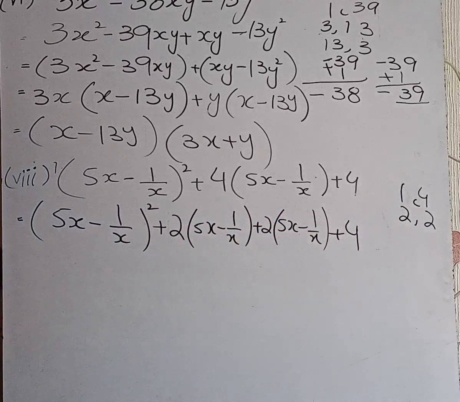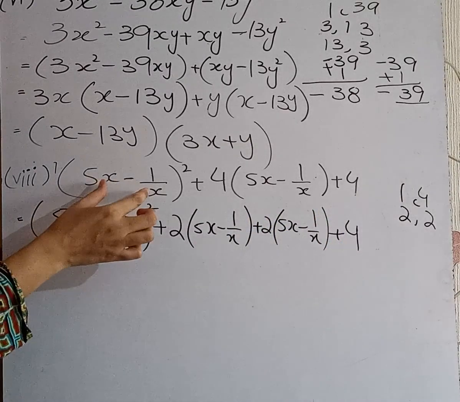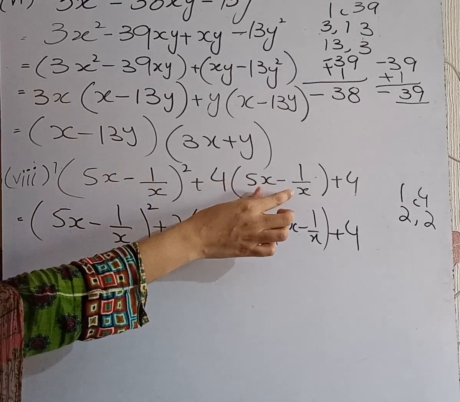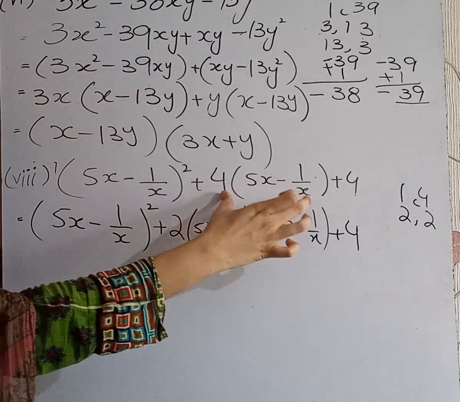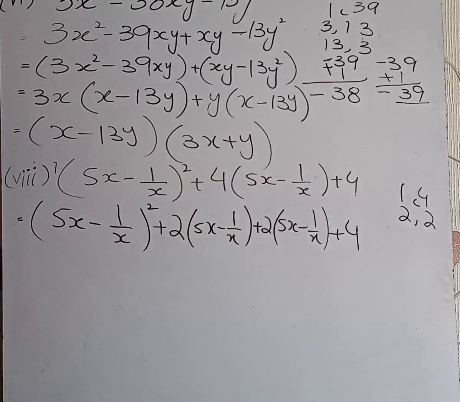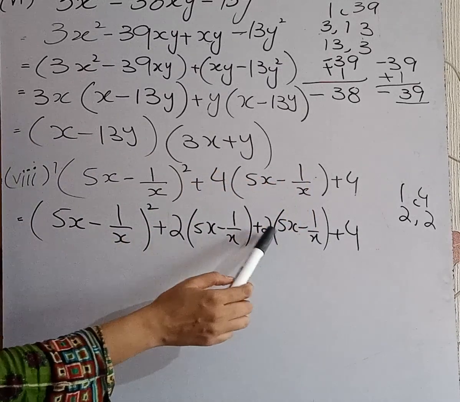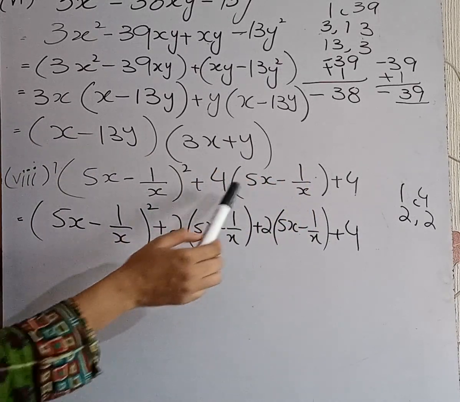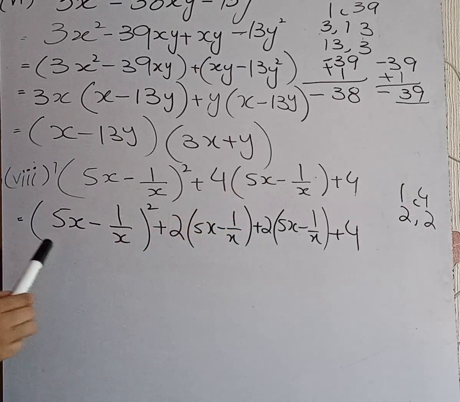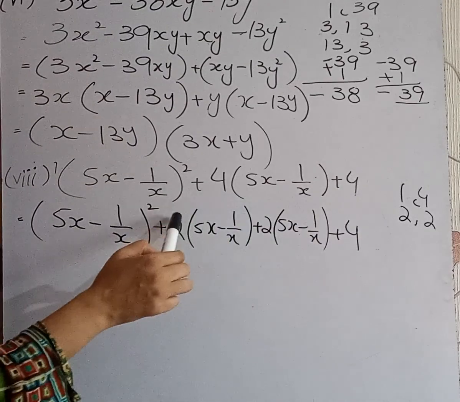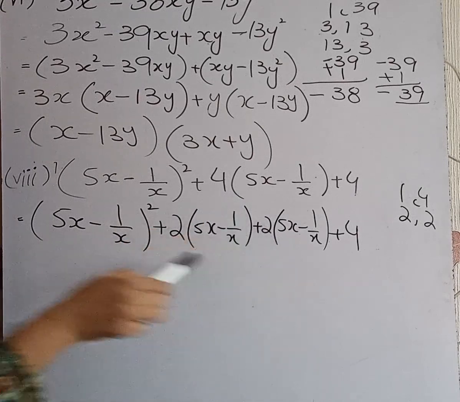So this is not difficult, we just have to keep in mind that this value is equal to x squared, this is equal to x. So we are going to break this middle term, and after adding both these 2 plus 2 we can get 4 into (5x minus 1 over x), and after multiplying both these we can get 2 times 4.